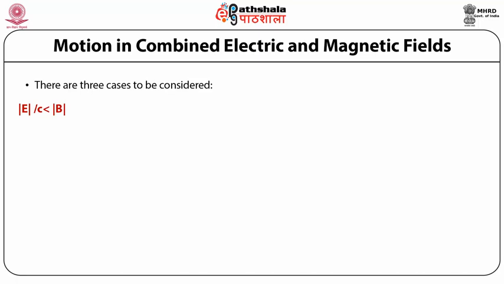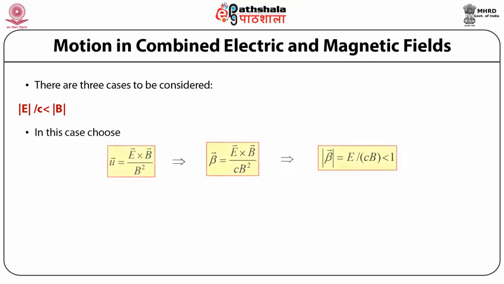First case, where mod of E by c is less than mod of B. In this case, we choose u equals E cross B by B squared, which implies that beta equals E cross B by c B squared and mod of beta equals E divided by cB. Since mod of E divided by c is less than mod of B, mod of beta is less than 1, and this is a valid Lorentz transformation.